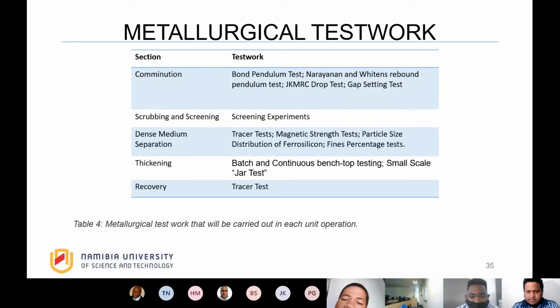For scrubbing and screening, it will be your screening experiments that you will be doing. For your dense medium separation, it will be your tracer test, your magnetic strength test, particle size distribution of your FeSi, and the fines percentage test. For thickening, it will be the batch and continuous benchtop testing, small scale jar testing, and for your recovery, it will purely be tracer testing.